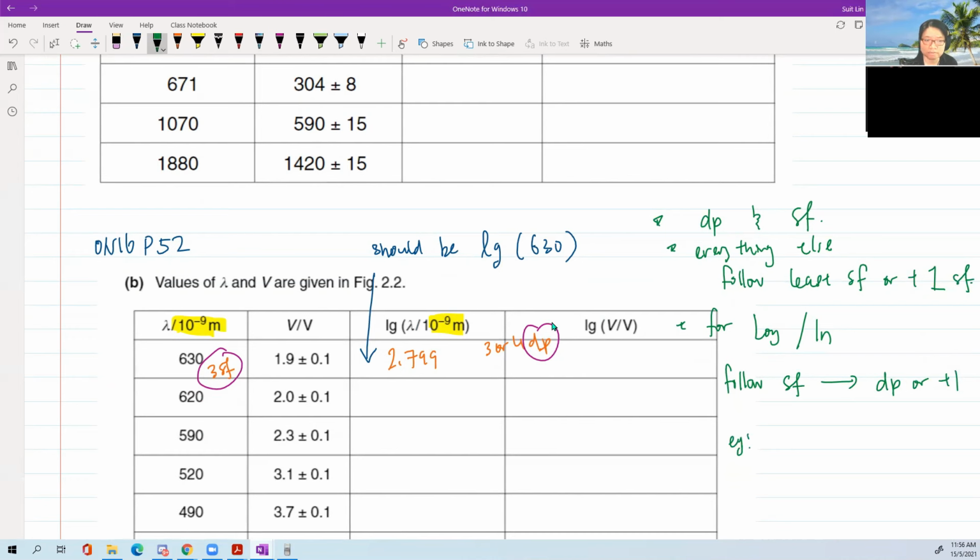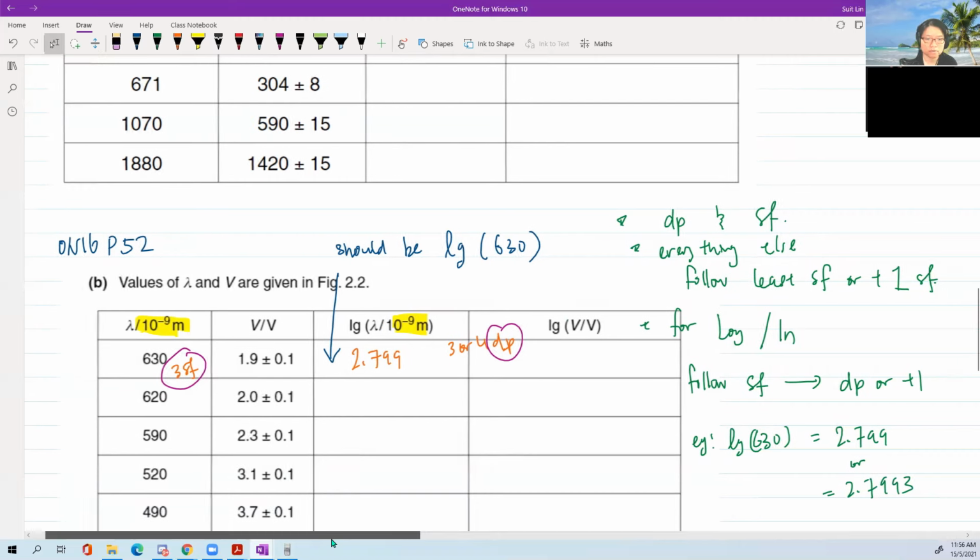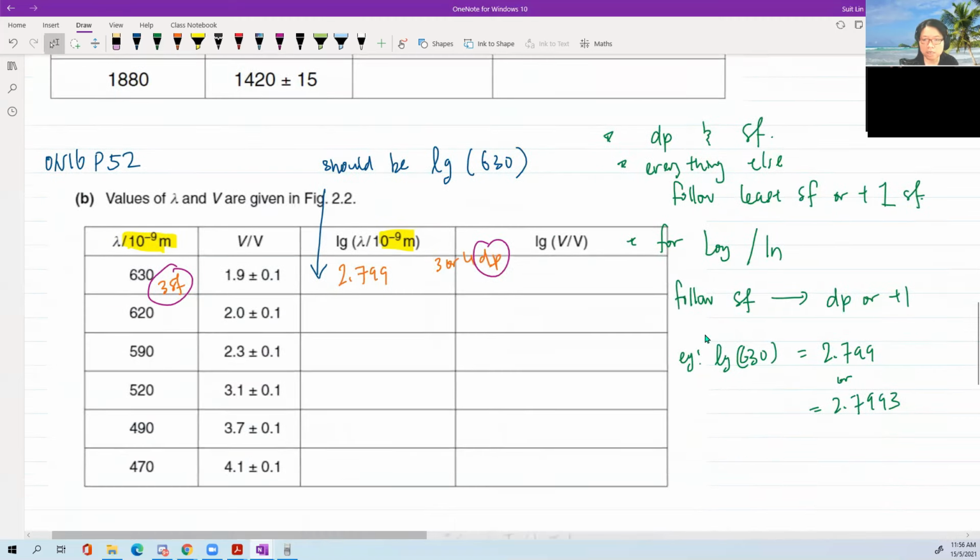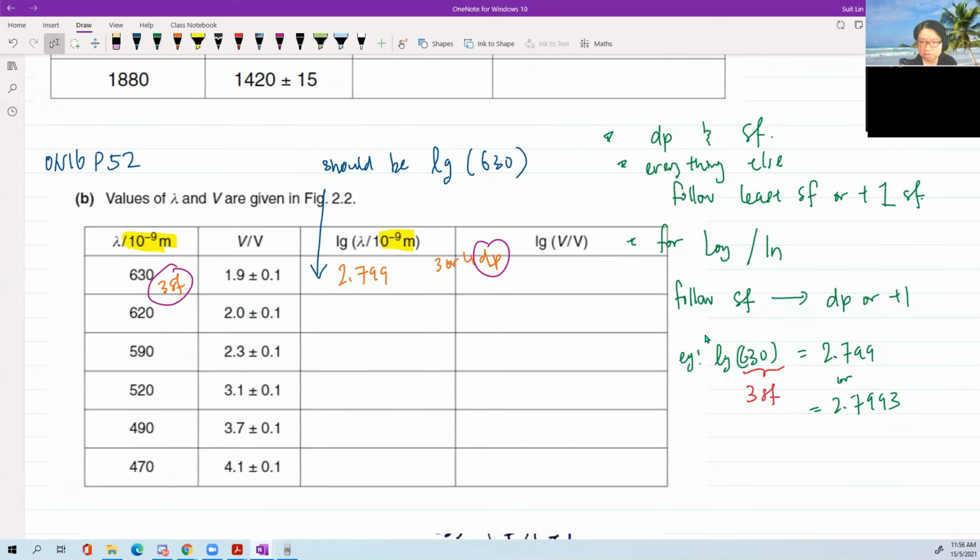So for example, log 630 will be equal to 2.799 or 2.7993. This one is 3SF, so now it's 3DP or 4DP.